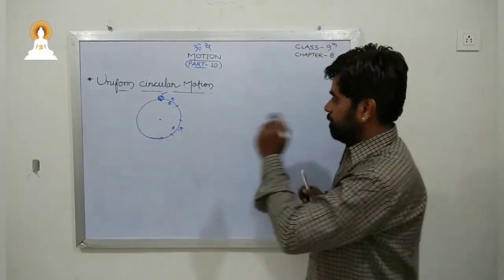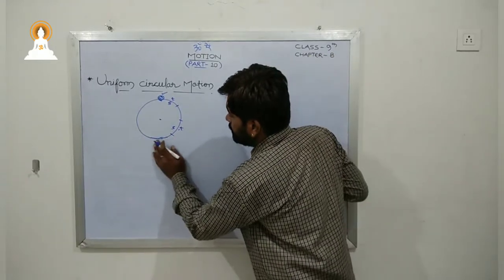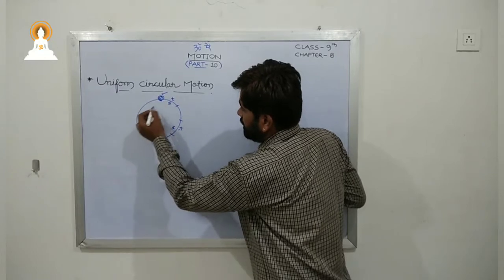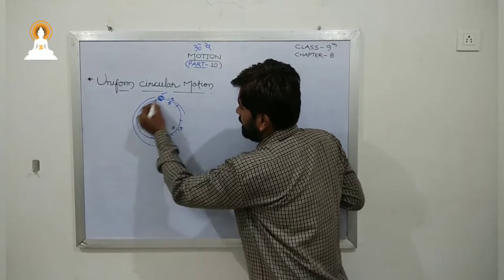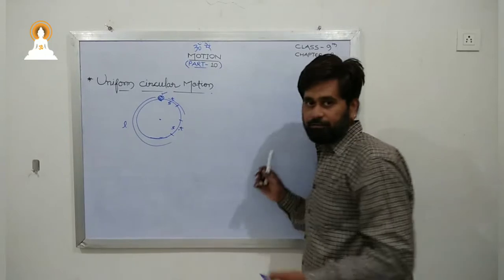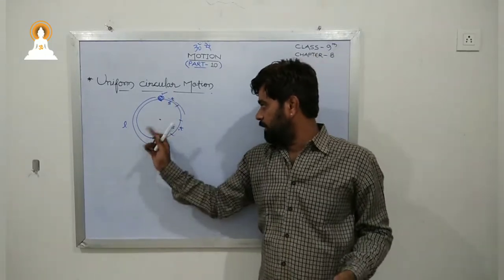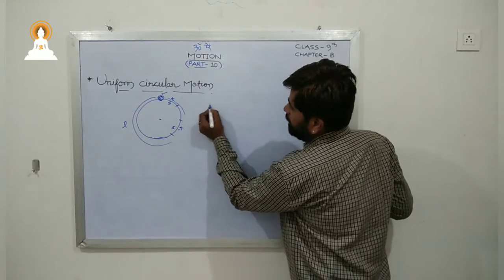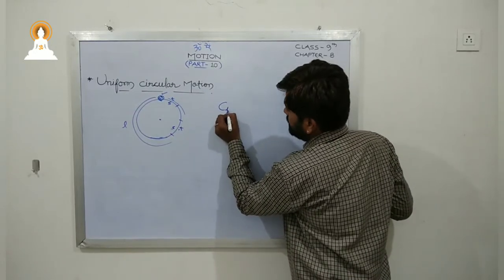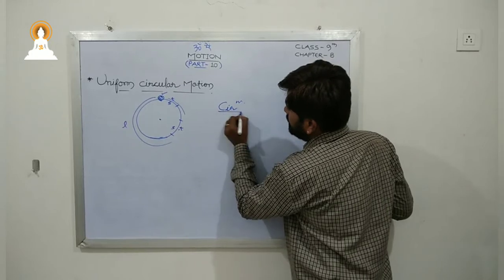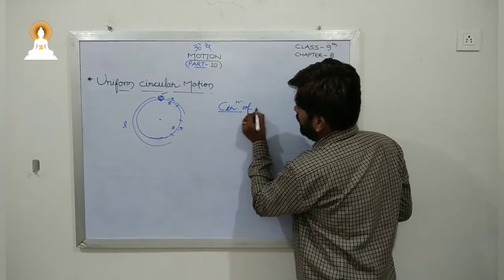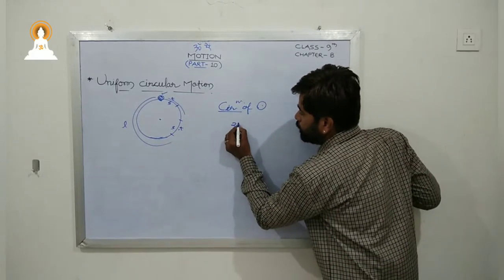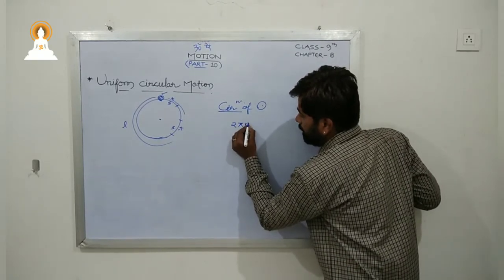Now suppose the length of the circumference of this circle is L. L is the length which is to be covered by that object. Because it is a circle, we write the circumference of the circle, which is 2 pi r.